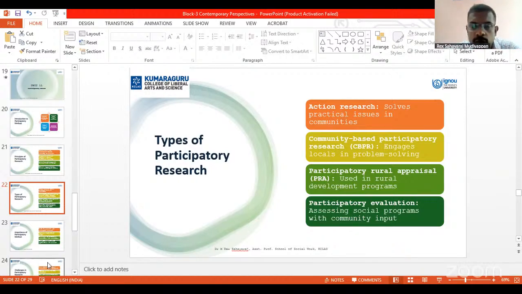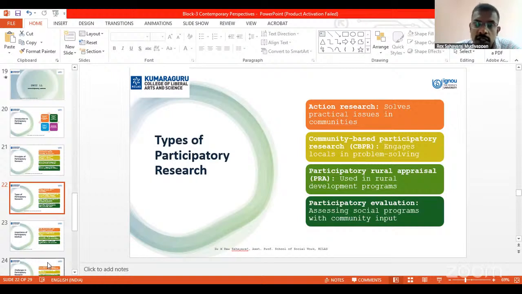What may they do in a social audit? Study about problems and solutions. No, it's an audit. Okay. So in social audit, for example, have you heard about the MGNREGA program?